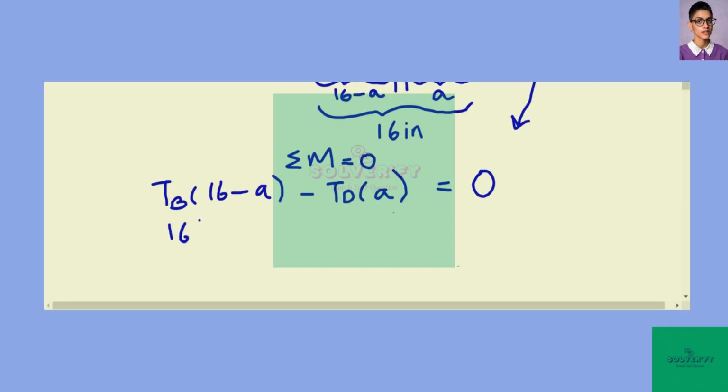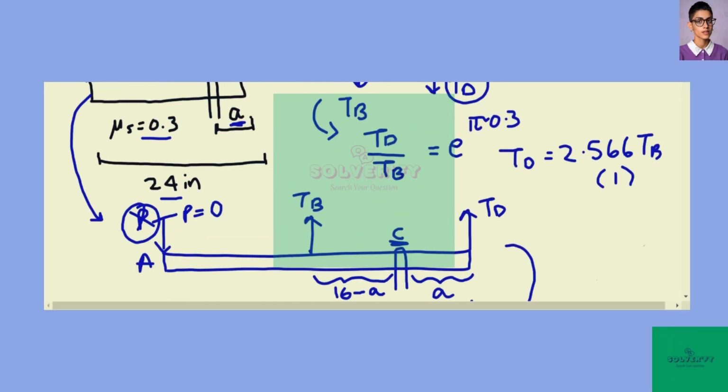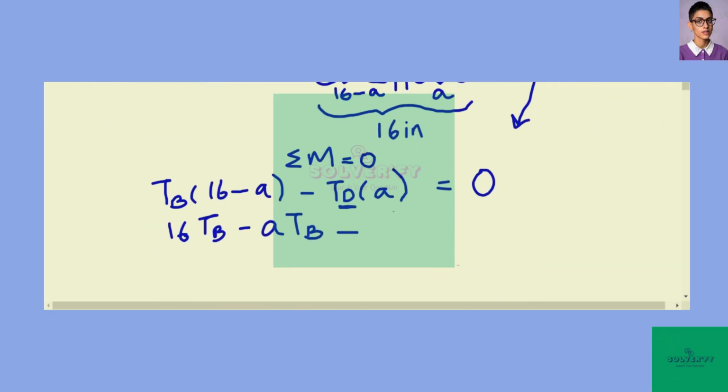So 16 TB minus A TB minus, let's substitute our value for TD, which we found from equation 1, which is 2.566 TB. So minus 2.566 A TB is equal to 0.